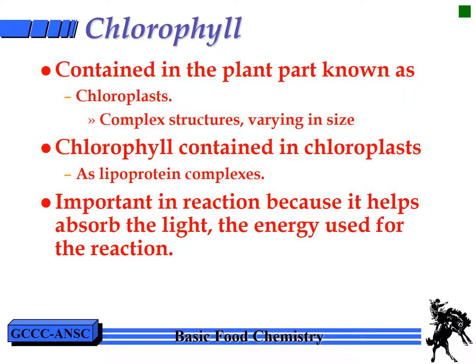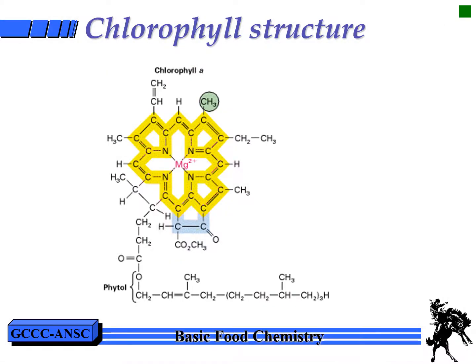That's important in the reaction because the lipoprotein layer helps absorb the light, and the energy used for the reaction as well. It's a very good chemical component that aids the whole reaction. This shows the chemical makeup of chlorophyll itself. You can see it's a pretty complex structure overall, but that is what it looks like chemically.